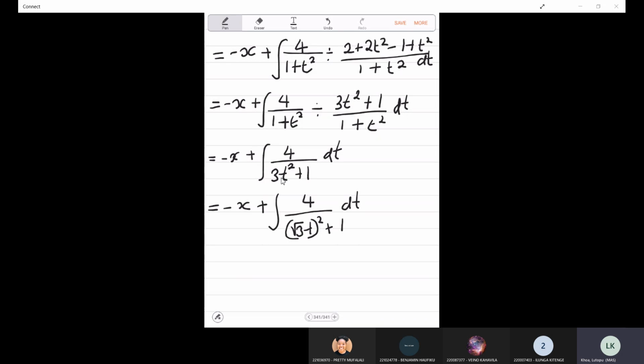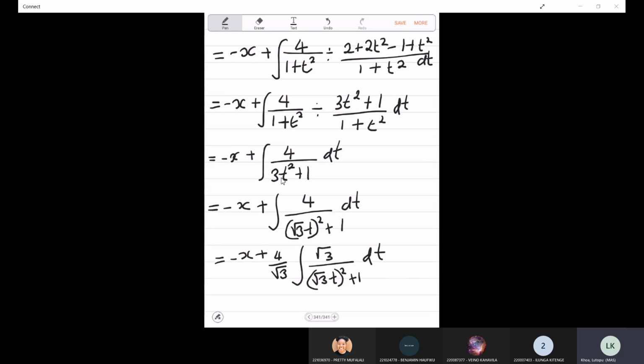Then our numerator, we have to make it square root of 3. So we have minus x plus the 4 will go out. We have to divide by square root of 3, so that we have square root of 3 in the numerator. Then square root of 3t squared plus 1 dt.